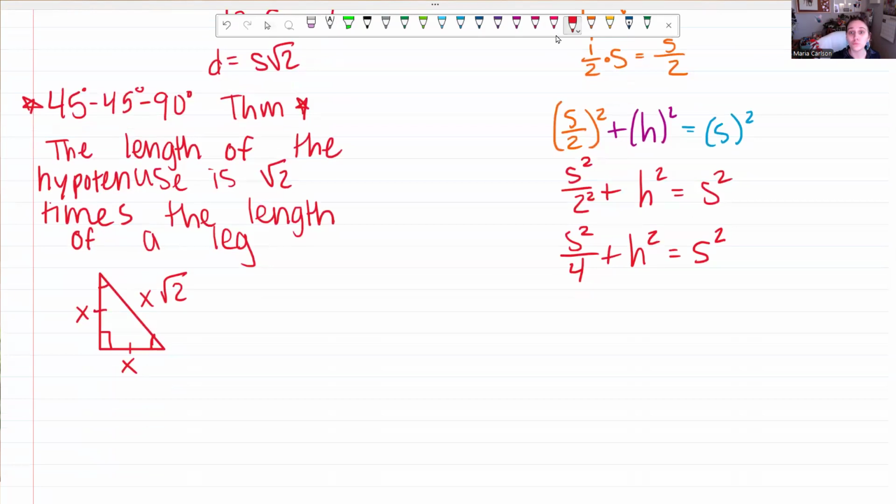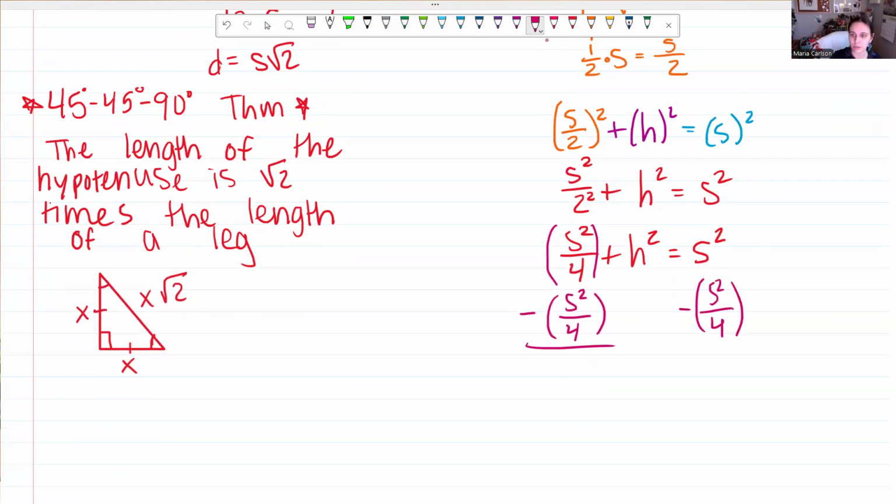So I'm going to move this entire piece of s squared over 4 over. I'm going to subtract s squared over 4 from both sides, which feels really weird, but I'm just subtracting it to move it. So I now have h squared is equal to s squared minus s squared over 4.